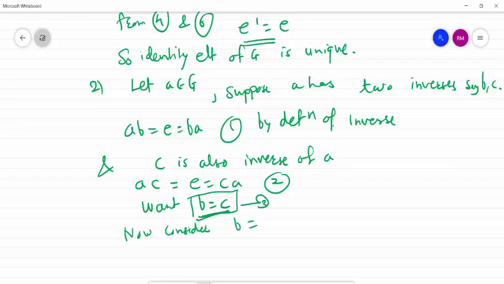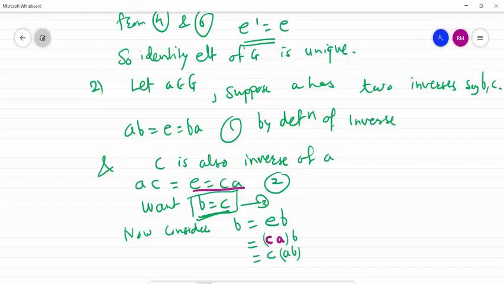B. B can be written as EB, where E is the identity element, and from this, suppose we focus on this equality, E can be written as CA. By the property of associativity, we can shift this bracket.